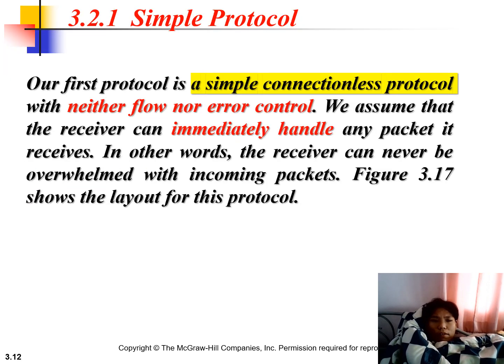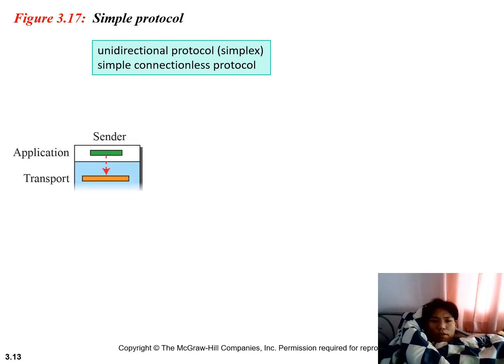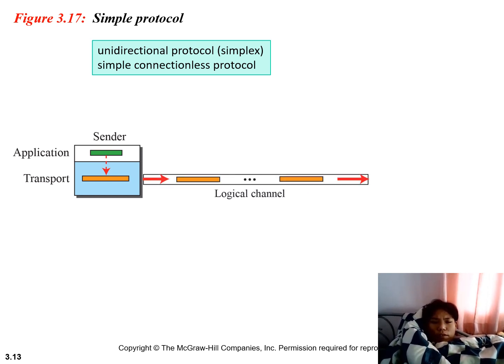Simple protocol. Our first protocol is a simple connectionless protocol with neither flow nor error control. We assume that the receiver can immediately handle any packet it receives. FSM for the simple protocol: it is a unidirectional protocol.